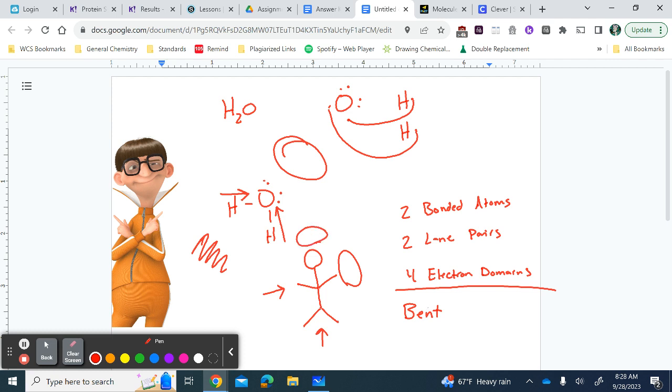So this is not even pulling. They're pulling from just 2 directions. And since they're pulling from 2 directions and not all directions, this is considered a polar molecule because it's not even pulling. We'll find almost all bent molecules are considered to be polar molecules because the electrons are not going to be shared evenly, and the force that's pulling on those electrons is not coming from all directions. So most bent molecules you'll encounter are going to be polar molecules.